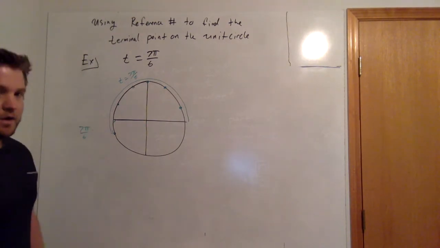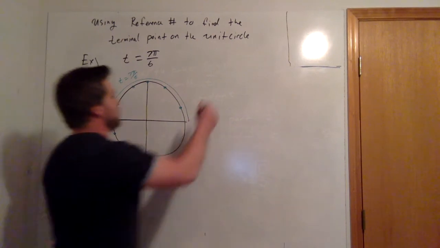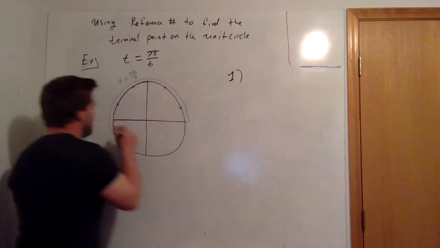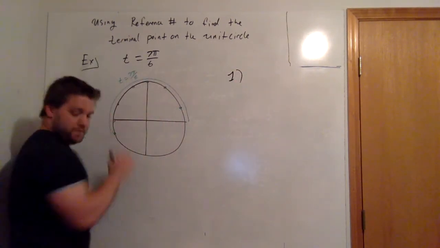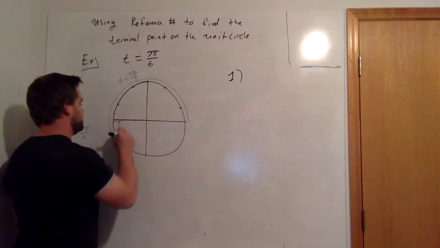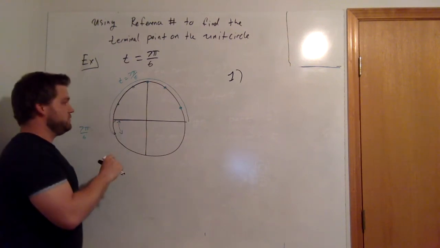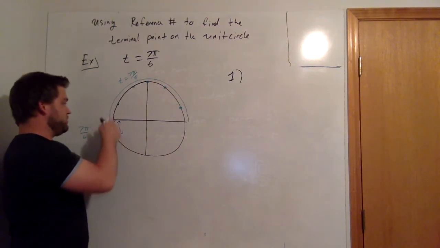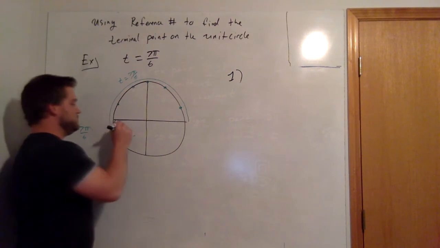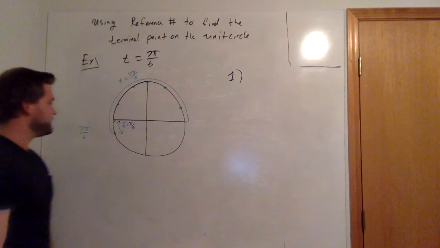Now we'll think about what t bar would need to be here. This would be step 1. So t bar here is going to be the distance from here to here, which should be just 1 increment of pi over 6 if we're starting here. So t bar here will be pi over 6.